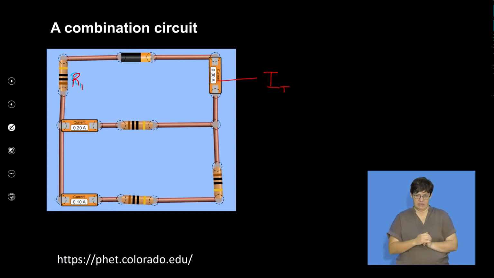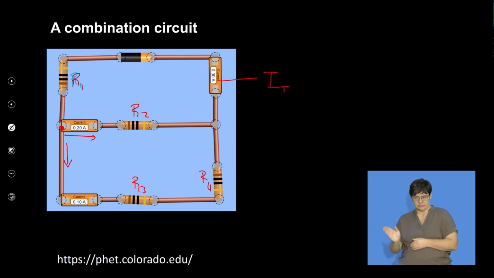At the first branch, a certain portion of that 0.3 amperes goes to this resistor R2. Some of the current will go through R3 as well as R4.